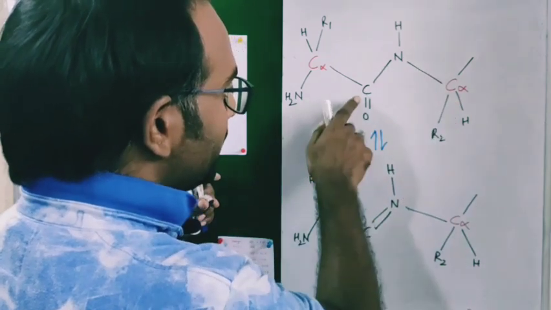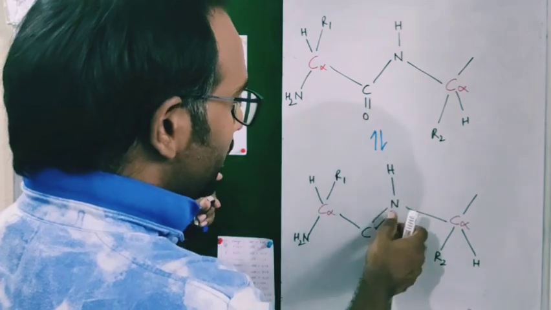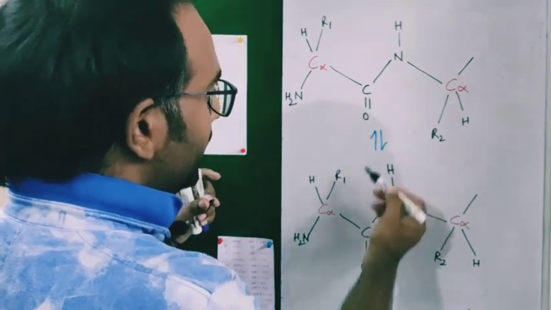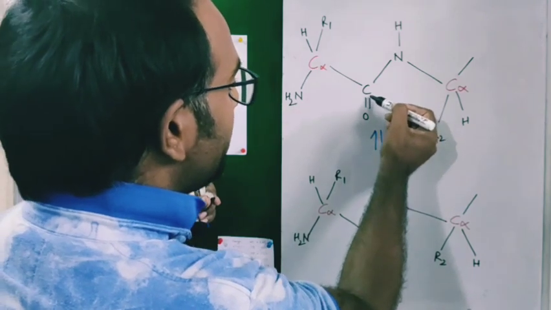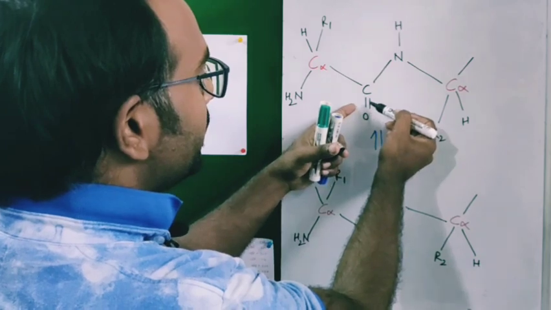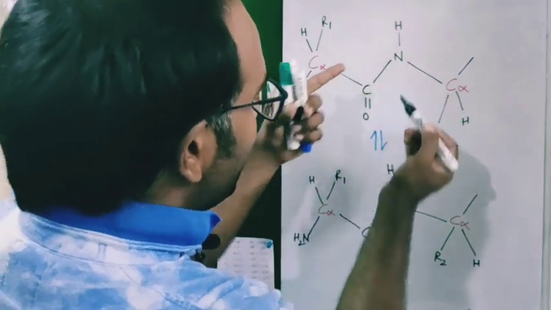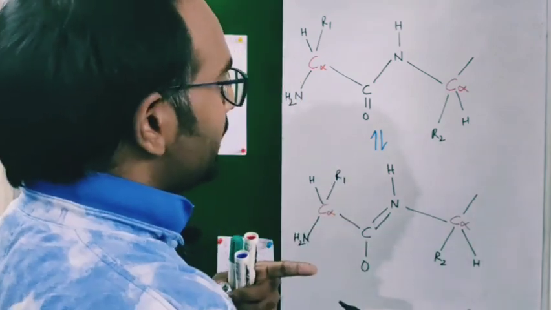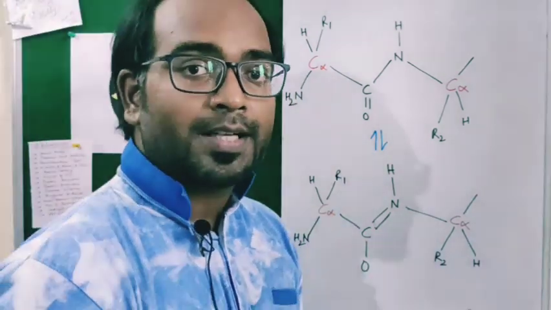Like it can be here, or it can shift from here to here, right? So it can shift between the carbonyl carbon and the amide nitrogen, right? That's why it is known as partial double bond character.